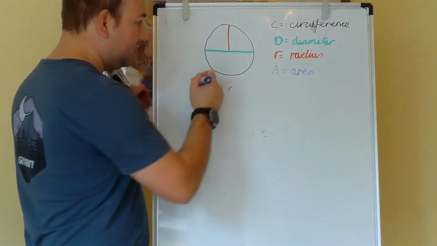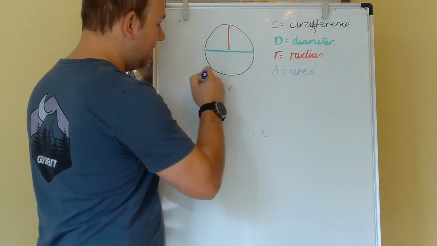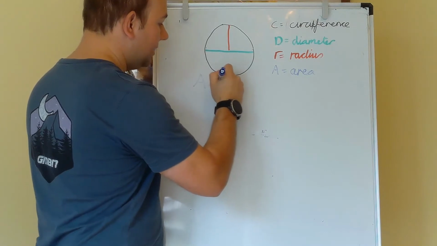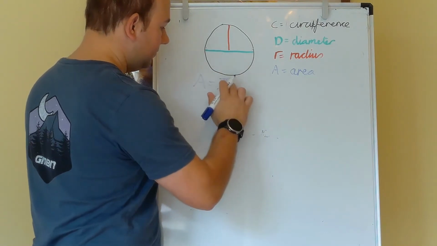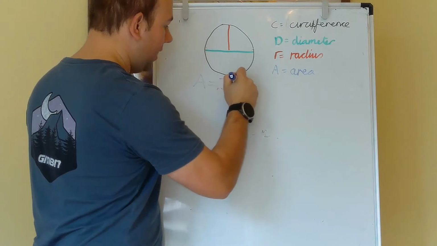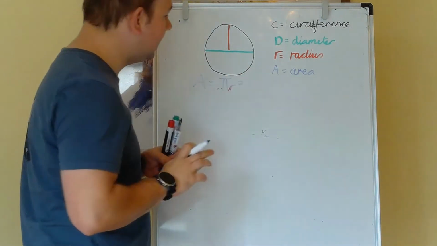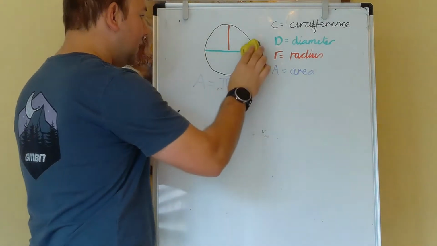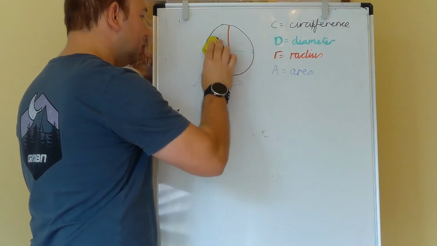I'm going to start off with just writing it here so we can keep an eye on it. It's pi r squared. That's what we're hoping to come back to. So let's think about this circle.